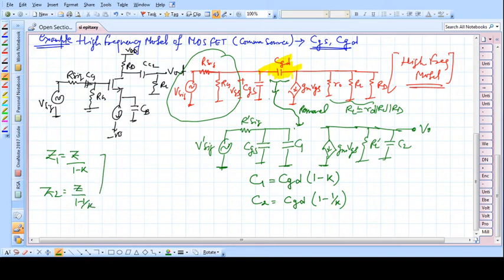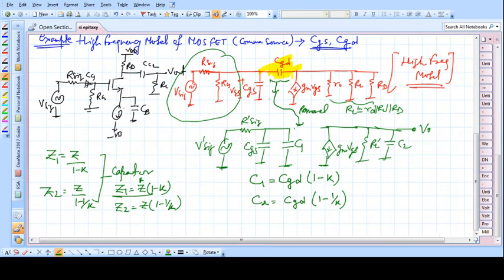Now we have a capacitor. For the capacitor, Z1 is simply Z times (1 minus K), and Z2 is Z times (1 minus 1 by K). So for C1, K is nothing but the DC gain.